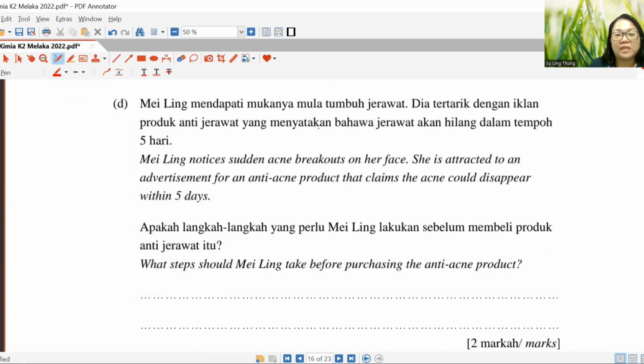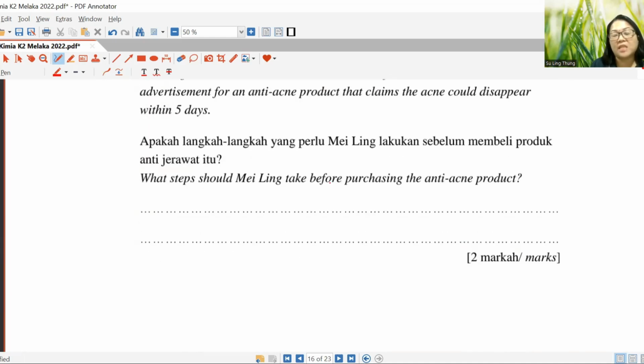Now let's look at D. Mei-Ling notices sudden acne breakouts on her face. She is attracted to an advertisement for an anti-acne product that claims the acne could disappear within 5 days. What steps should Mei-Ling take before purchasing the anti-acne product?